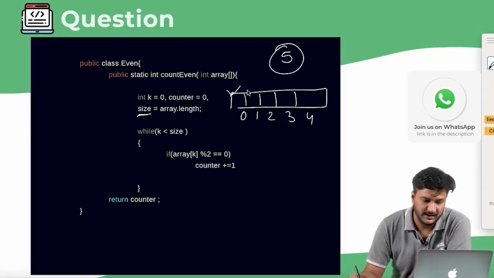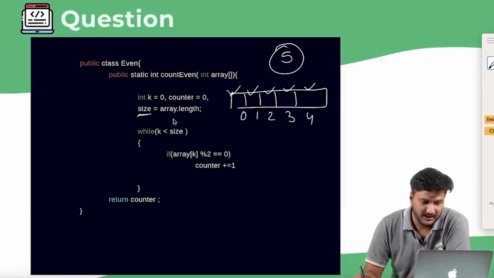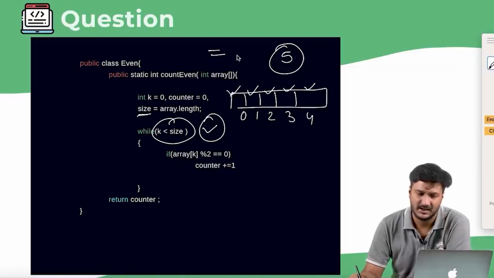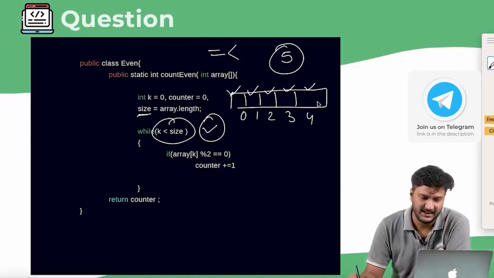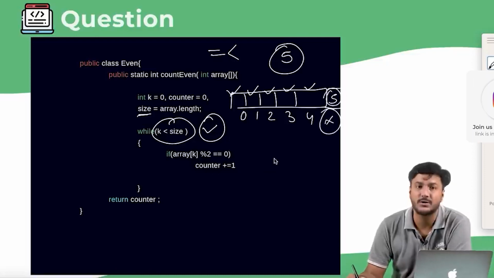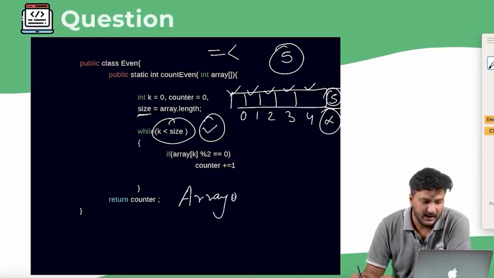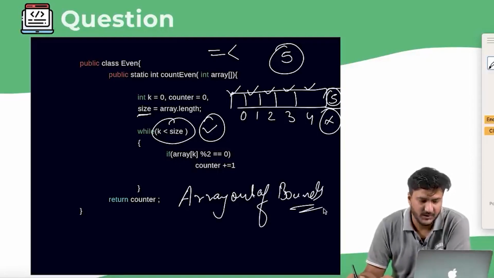So if you want to go at this, so k is less than size is perfect. You don't need to have an equal to size, less than or equal to size, right? Because in that case, it will try to go at the 5th index also, and then the array out of bounds exception will come, right?